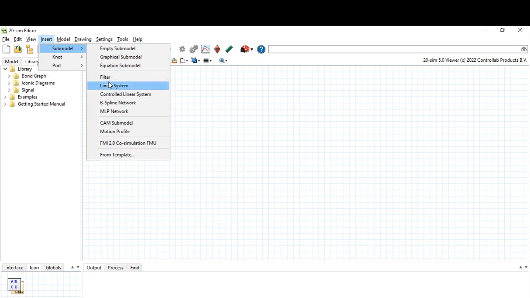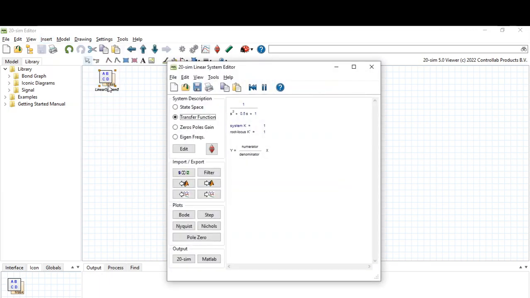In that submodel, go for linear systems. In this linear system, you can edit the transfer function in many ways: either as transfer function, pole zero gain, eigenvalues, or state space. Let us use pole zero and gain to enter our transfer function.